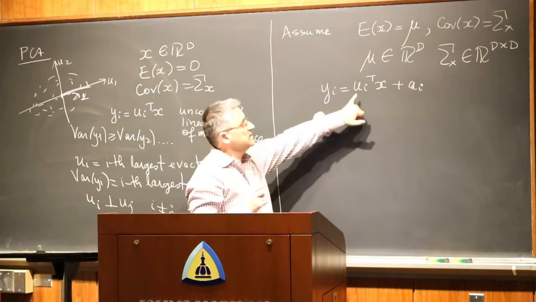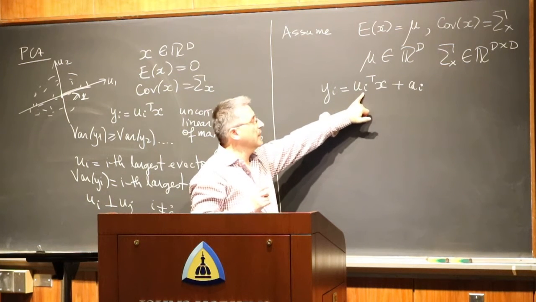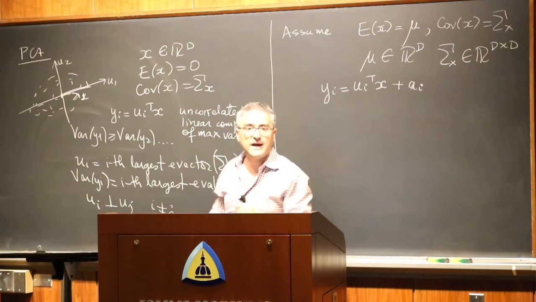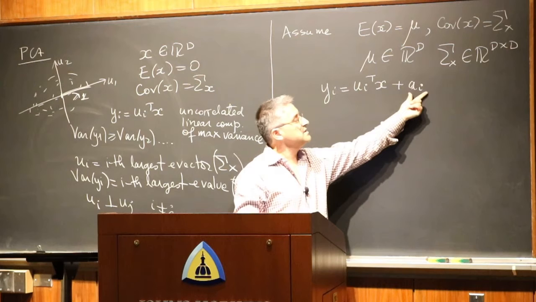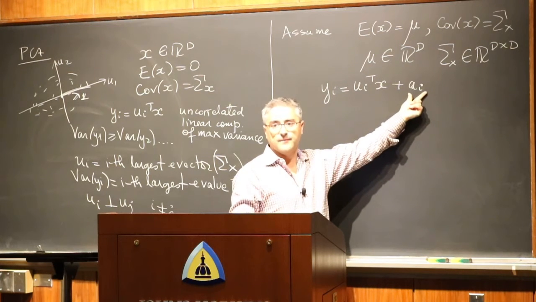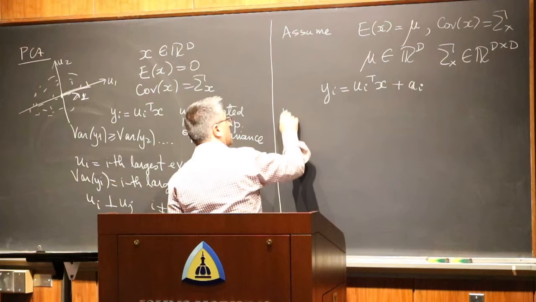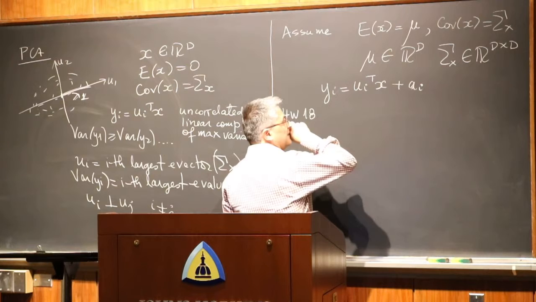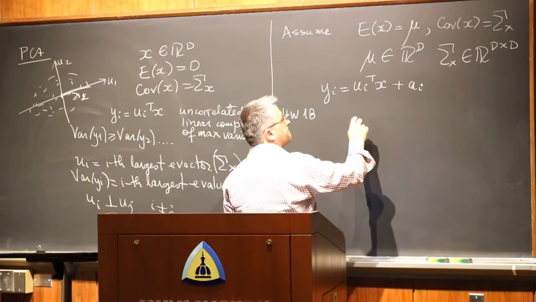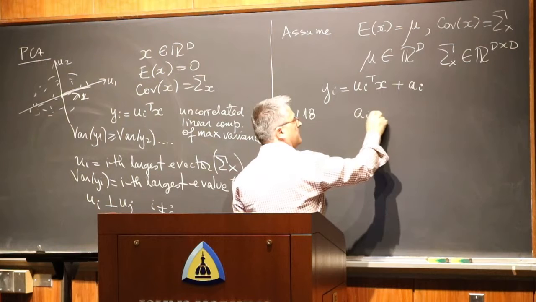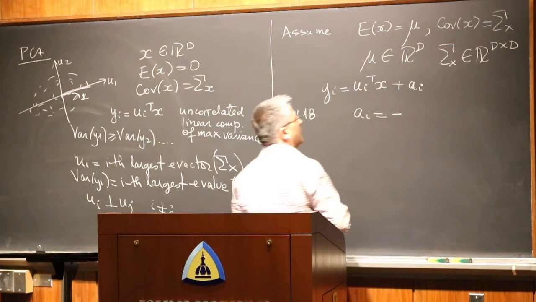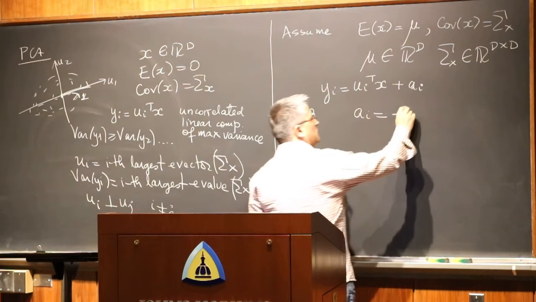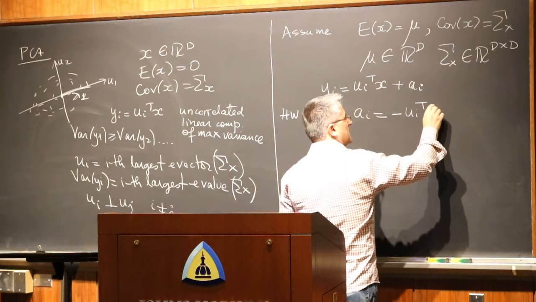Now, in order to estimate the principal components, I need to estimate not only the vector u, which I already knew was the eigenvectors of sigma, but I also need to estimate this shift, a sub i. In the homework, I think, you have to prove that a sub i can be estimated as minus u sub i transpose the expectation of mu.